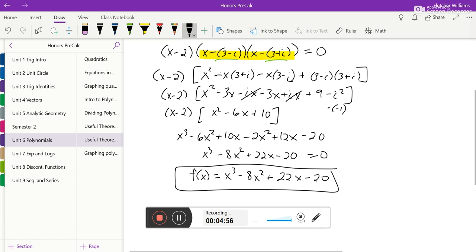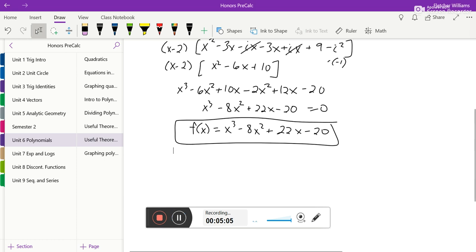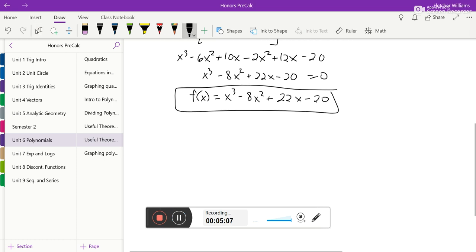Okay, so let's see. Another example where you could use those theorems would be one like this. Let's say you're given a fourth degree equation.